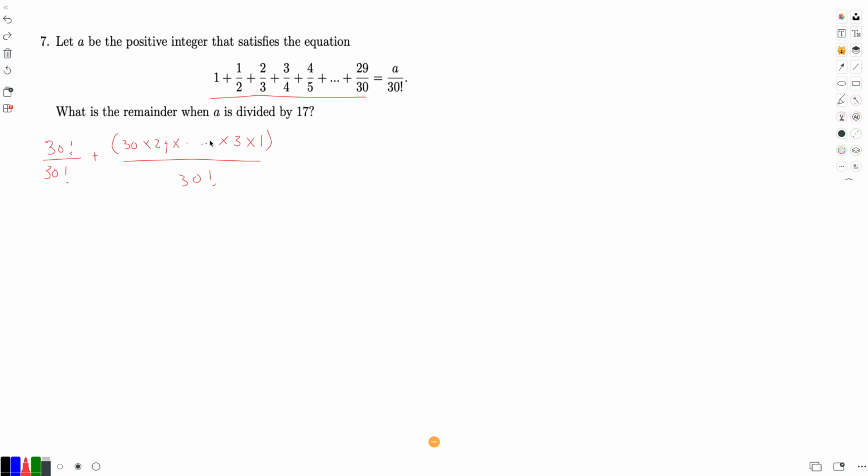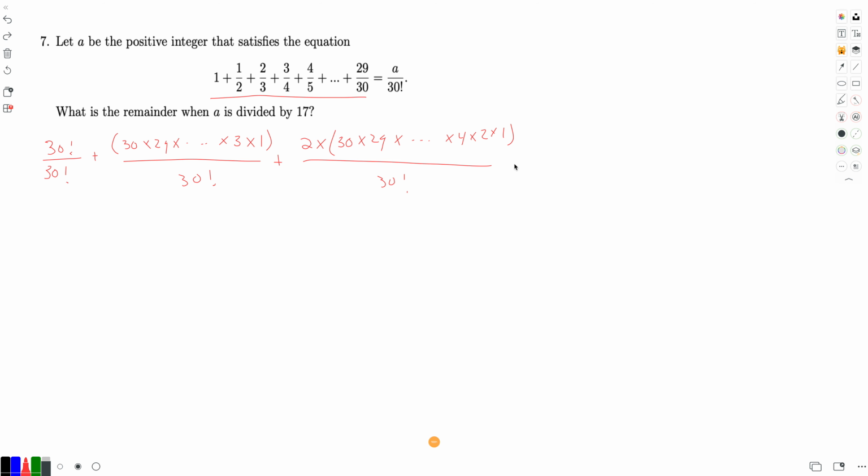That way there's no 2 in the numerator, so it goes to the denominator and everything else cancels out. Similarly for 2/3, we'd want the 2 out front, and then we'll multiply 30, 29, all the way until 4 times 2 times 1, and divide this by 30 factorial.